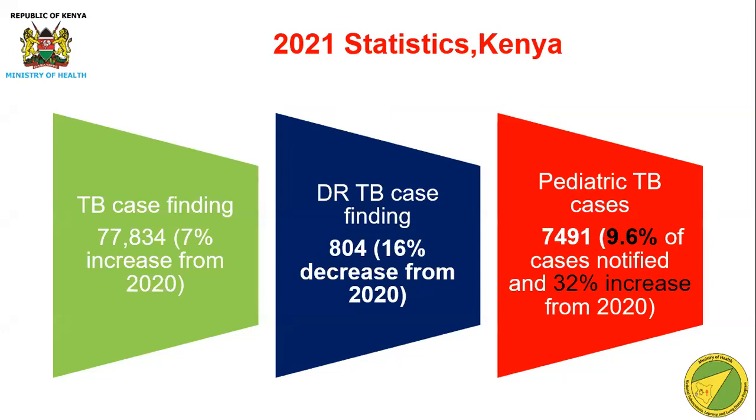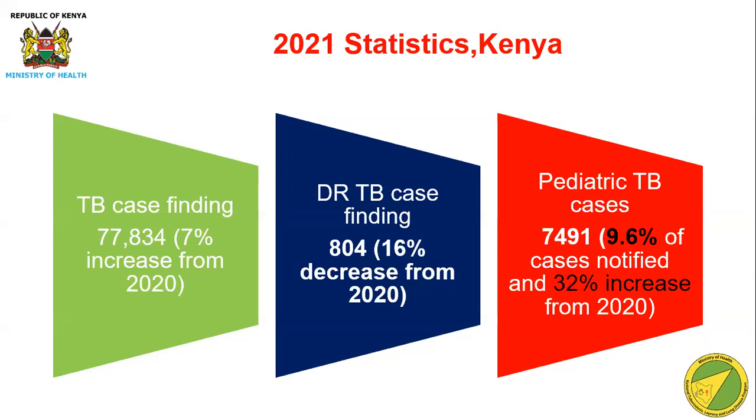This is based on the previously done prevalence survey in 2016 that showed the estimated incidence for TB is about 140 with a prevalence of about 426 per 100,000 population.